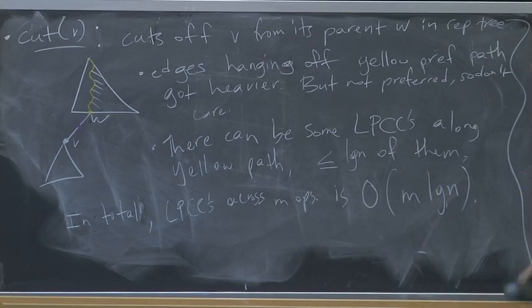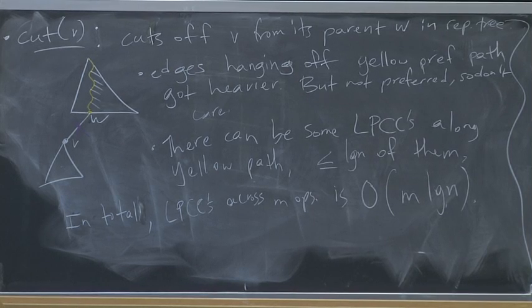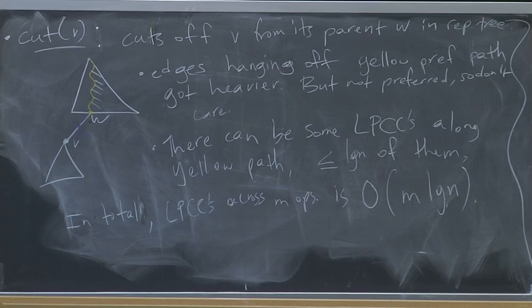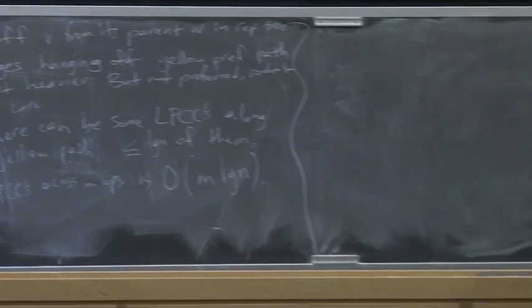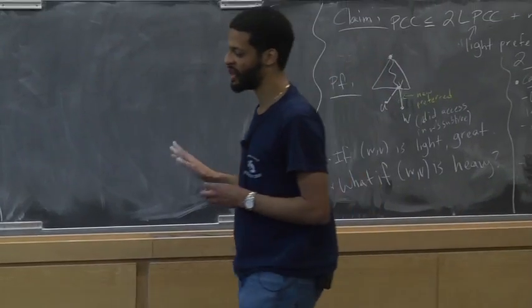Are there any questions about this? Yeah, technically, I guess you should also consider the bunch of other operations: find root, find min, all those other things. I mean, there's not much to say for those.